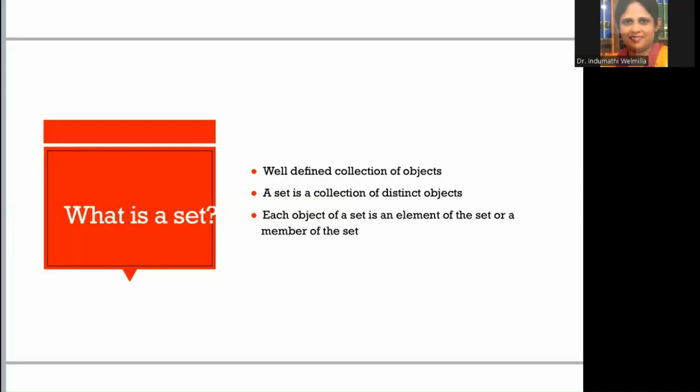Curly brackets are used while writing a set. A very simple example of a set would be like this. I'll show you. Set A equals, open brackets, and this is an example.